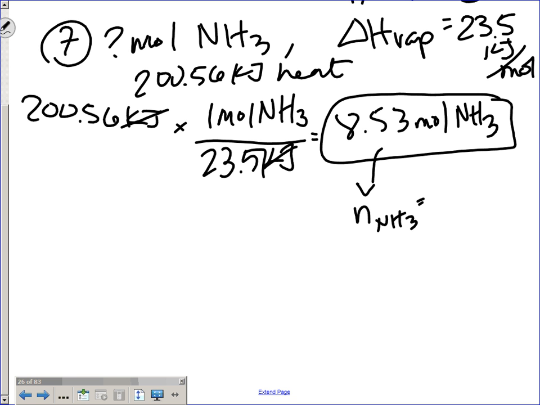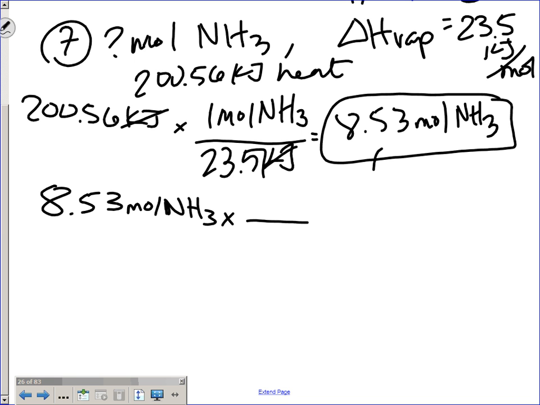Does anybody remember the volume at STP, Jillian? 22.4 liters per mole. So then you could just take your 8.53 moles of ammonia times 22.4 liters per 1 mole of ammonia, which is a vapor at this point, and multiply across. This is a much easier step than doing the ideal gas law because it takes five variables versus one conversion.